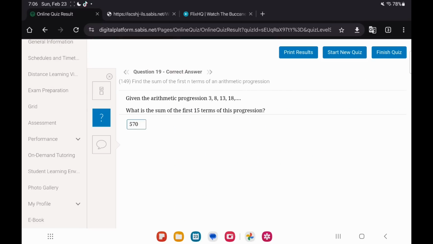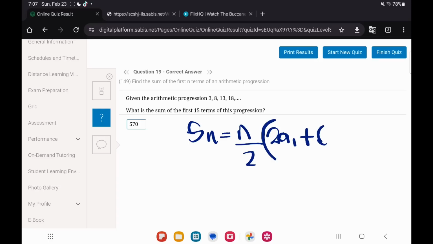Okay, and then we have also another rule for the sum. The rule goes like Sn equals n over 2, oh sorry, 2a1 plus n minus 1 d.